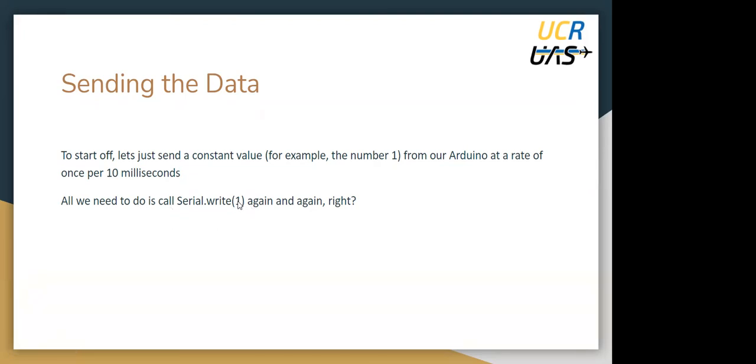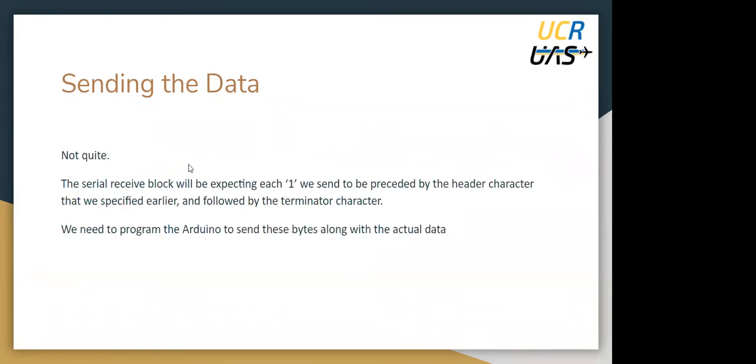So you might be thinking, all we need to do is call Serial.write(1) over and over again with a 10 millisecond delay in between. But if you remember, we had our serial receive block set to expect a header character and a terminator character.